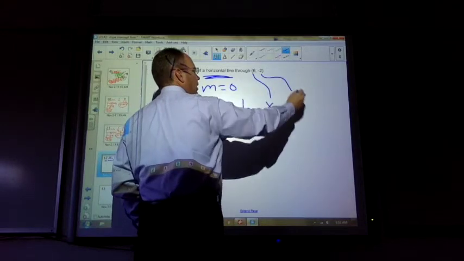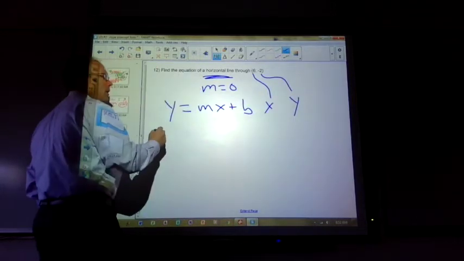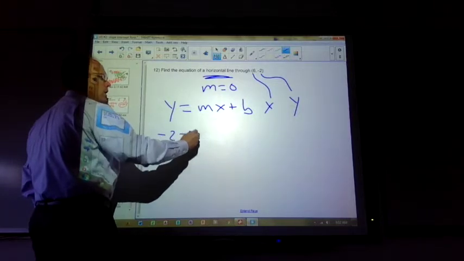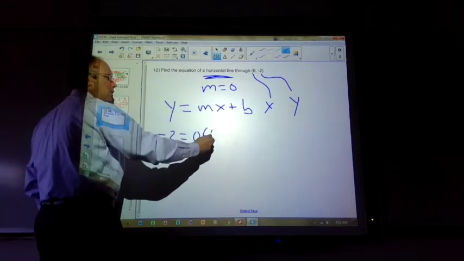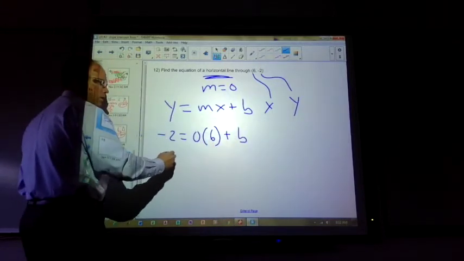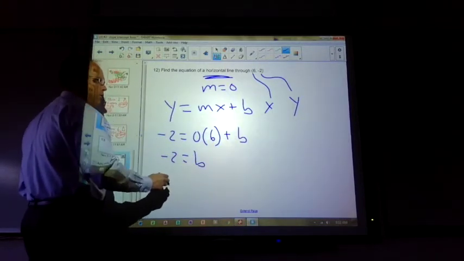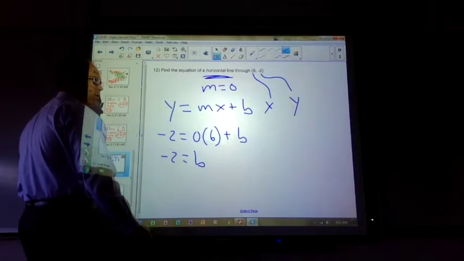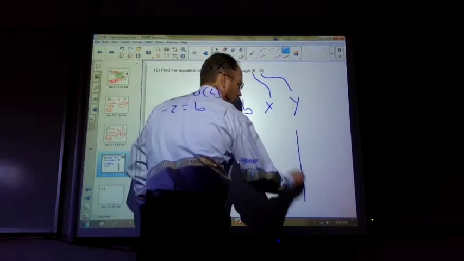X. What letter is this one? Okay, let's plug them in. Negative 2 equals 0 times 6 plus b. What is this? 0. b is negative 2.